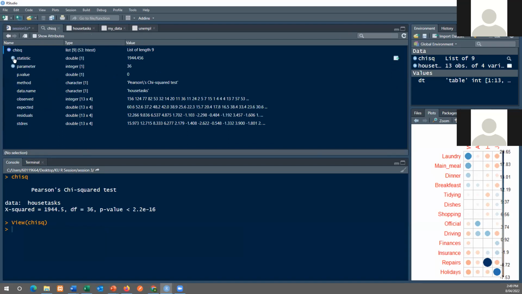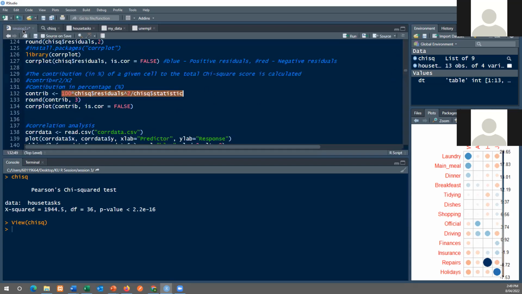It also gives the statistic, which is the significance value that comes from a published chart, and these are the parameters. We have the 36 observations, this is the p-value, and these are the residuals. So chi-square gives us all these statistical measures to do a contribution test.